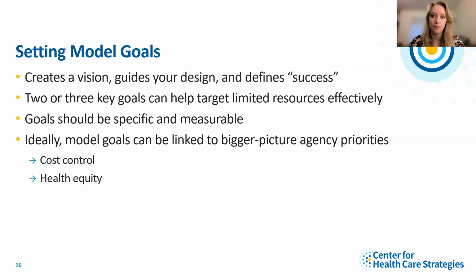Goals should be specific and measurable to make it easy to understand if you're making progress towards your goals, or if you're not, and how the model might need to change over time to meet goals. And finally, in an ideal world, your model goals are linked to bigger picture agency priorities, going back to what I talked about on the last slide, alignment with other initiatives across the state. So we'll talk about 2 of those priorities on the next 2 slides, the first one being cost control.